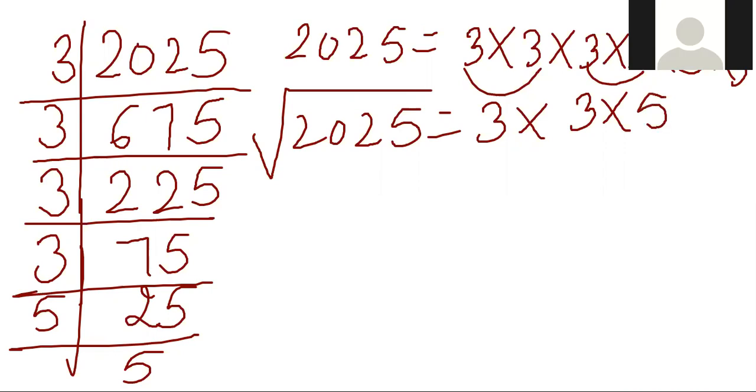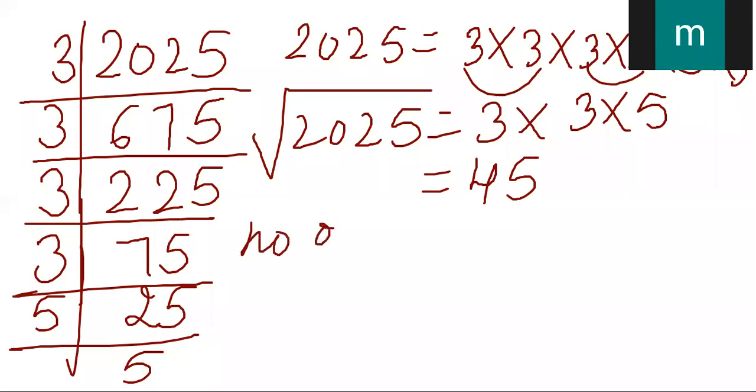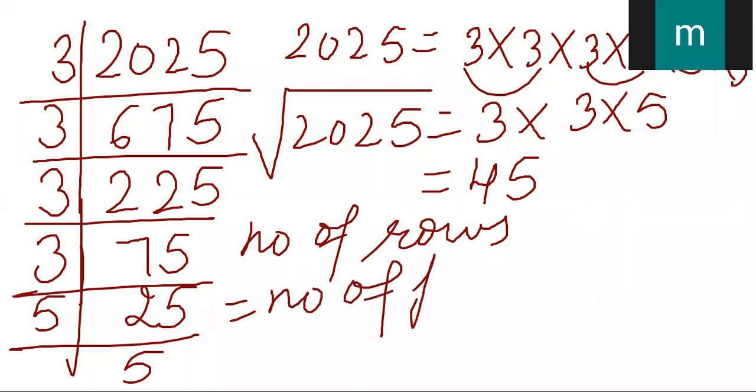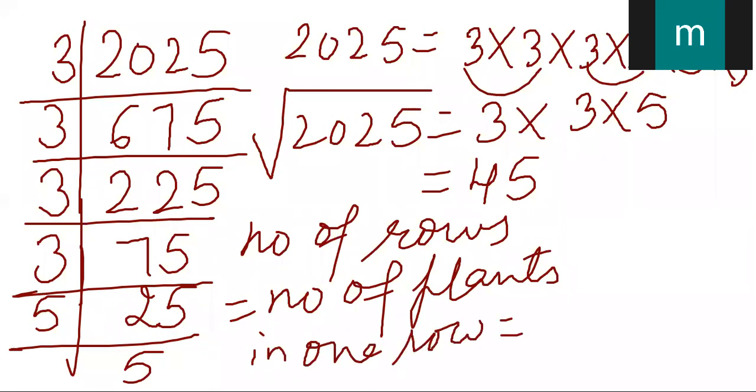So it will be 5 here now. 3 into 3 into 5 is equal to 45. That means number of rows is equal to number of plants in one row is equal to x, that is 45. Right?